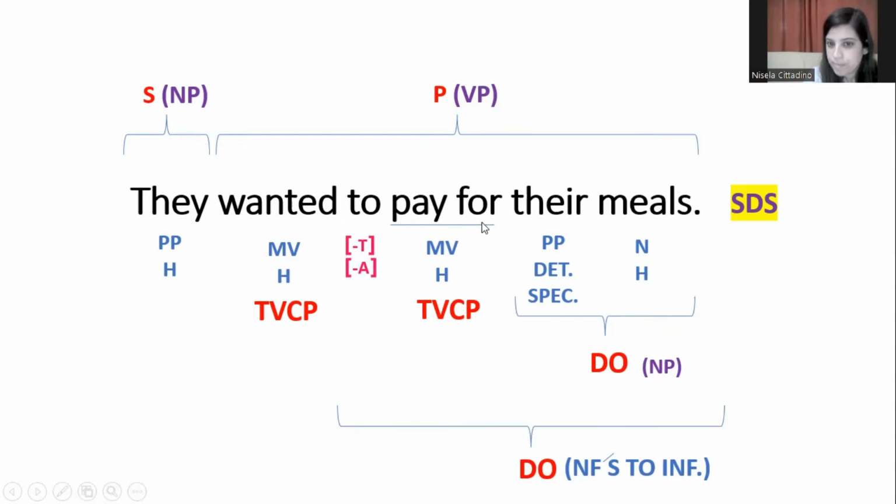Pay for, yes, pay for. It's like a phrasal verb, yes, or also a verb phrase, yes, because I know that some of you may have marked this as a prepositional phrase, yes, but technically speaking, pay for is all part of the meaning of the verb, yes.